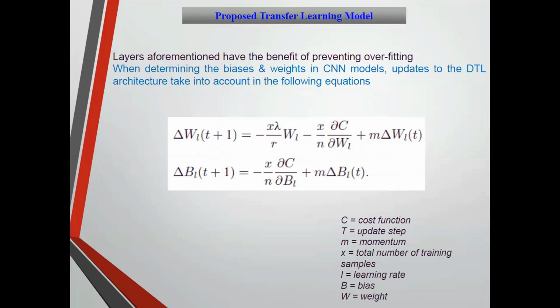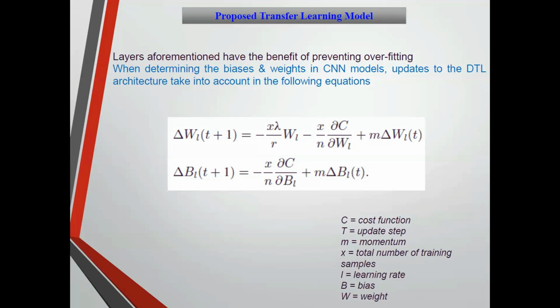Next portion is the layers. The aforementioned have the benefit of preventing overfitting. Because of that, we used the stochastic integration layer in this structure. So additionally, the layers approximate and have the benefit of preventing overfitting.